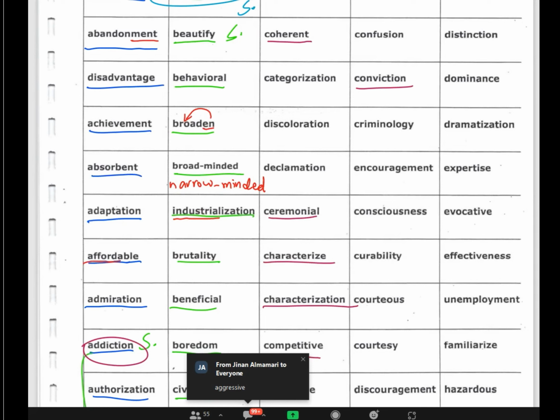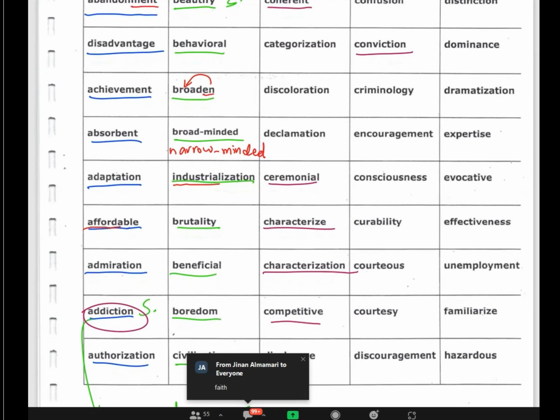Conviction. Convince somebody, that is one meaning. To agree, to have a strong opinion or a strong belief about something. As I said, we will not discuss every word. I will choose some words. I'm sure that you studied all of them, so to save time, I will choose some words. Criminology.